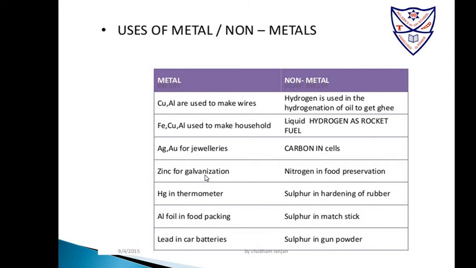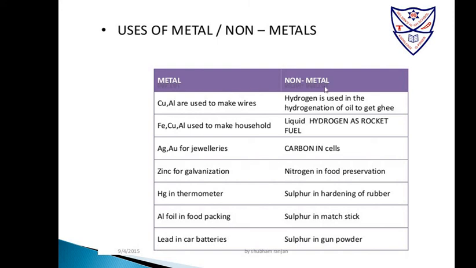Chromium and zinc are used for galvanization. What does galvanization mean? It's a layer used to protect from rust. Mercury is used in thermometers. Aluminum foil is used for food packaging. Lead is used in car batteries.